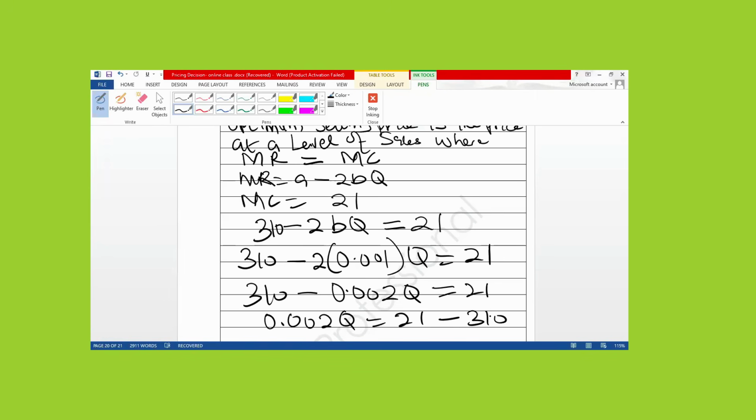We collect like terms; there's Q here and no Q here, so I'll move 310 to the other side, and it becomes minus 310. 21 minus 310 is minus 289.